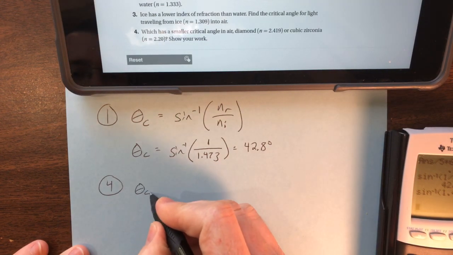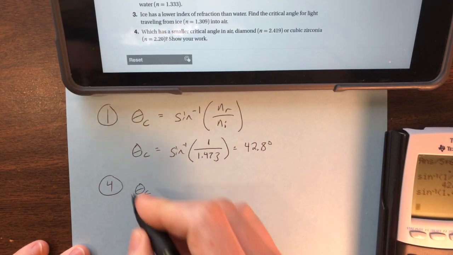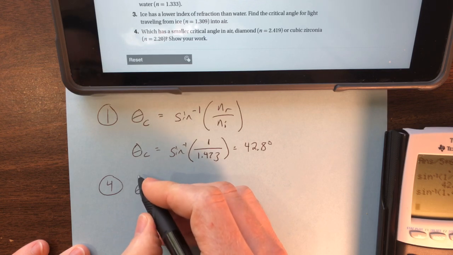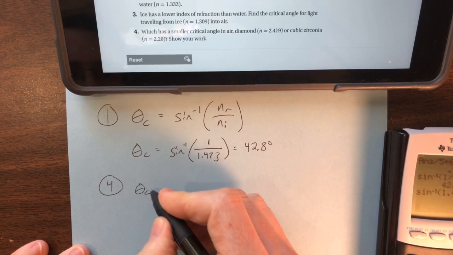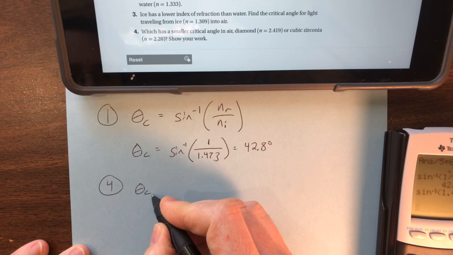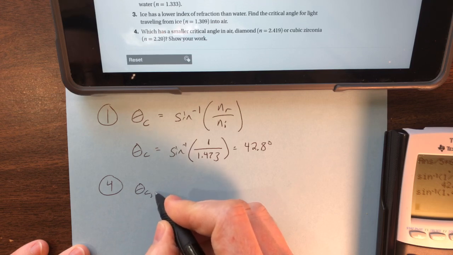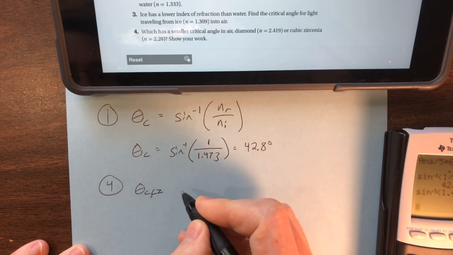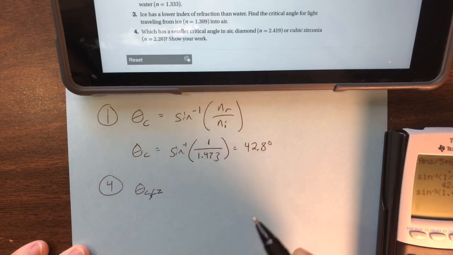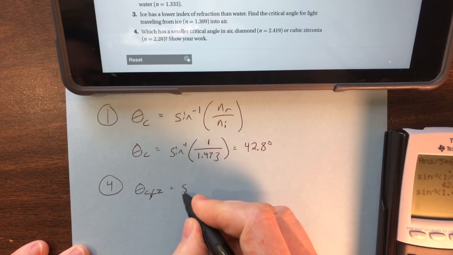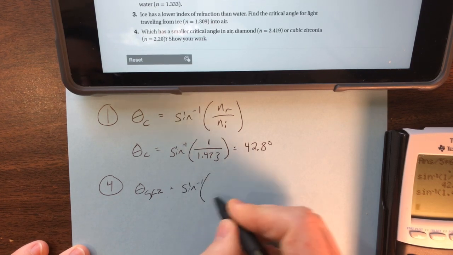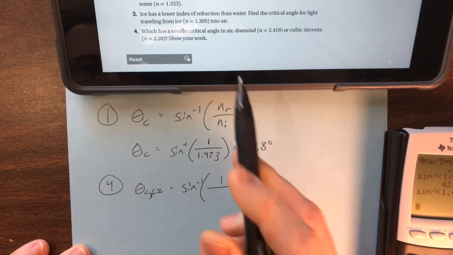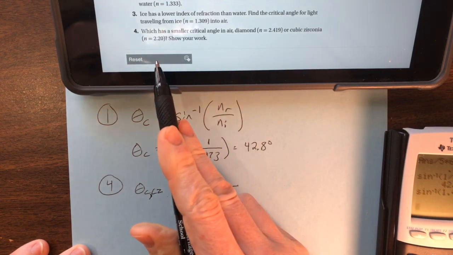Okay, so you have a critical angle for, let's do the cubic zirconia first. We'll call that CZ. So this is the critical angle of cubic zirconia, and this is going to be the inverse sine of 1 over what? That's 2.2.